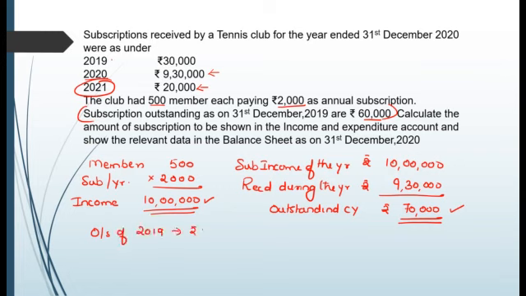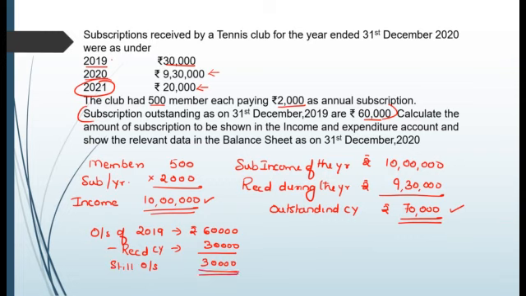So outstanding of 2019 was rupees 60,000. But when you look at the amount which was received related to 2019, you have received 30,000. So out of the 60,000, 30,000 received. But still there is 30,000 left. This is still outstanding. It has not been received.